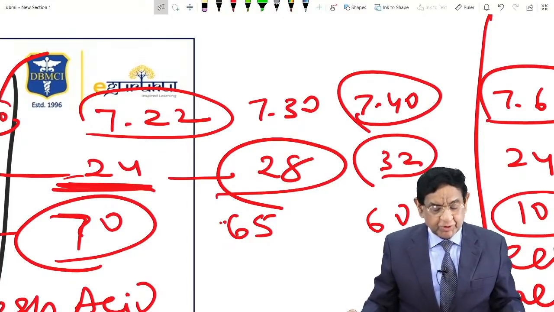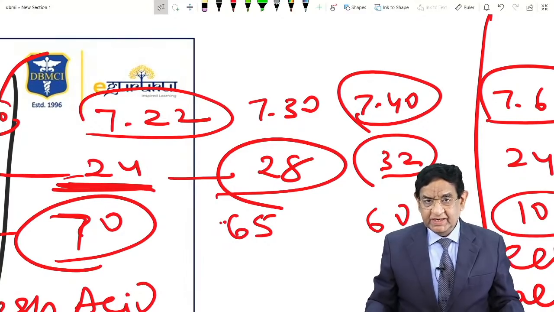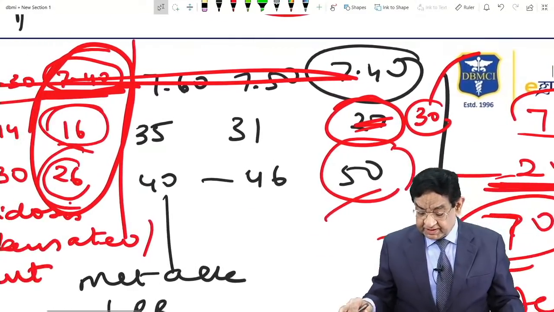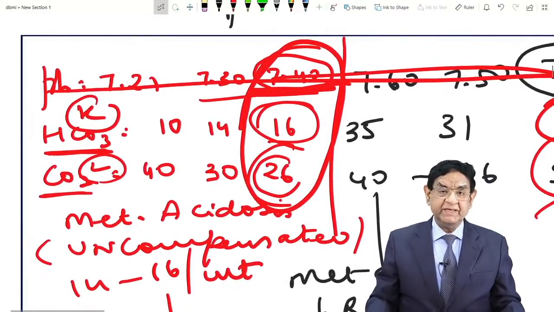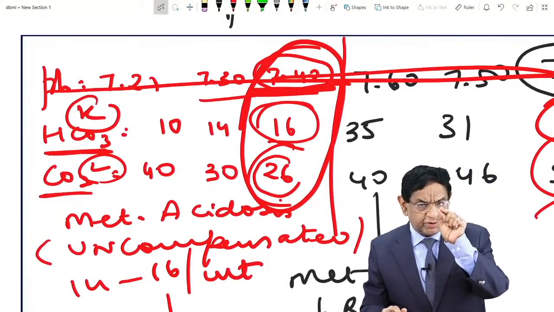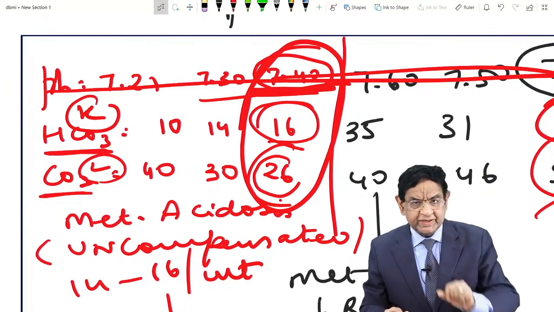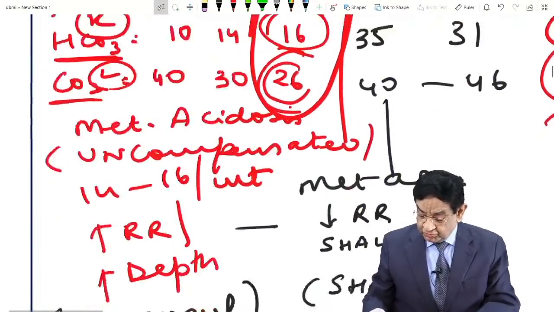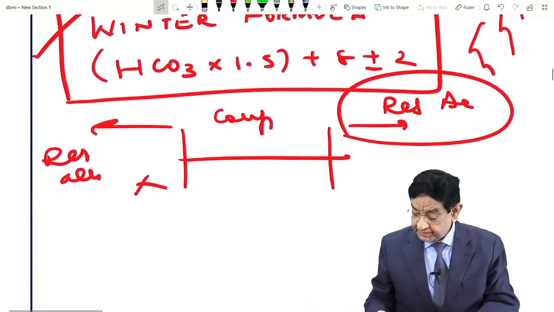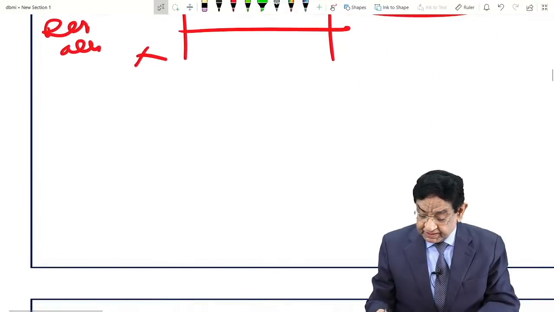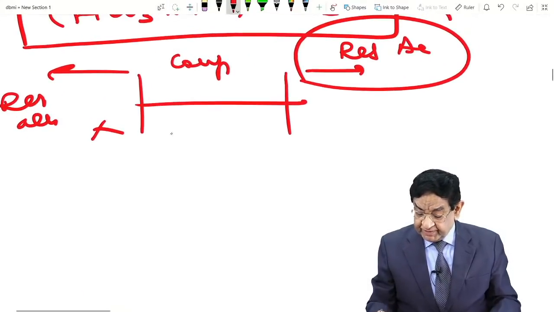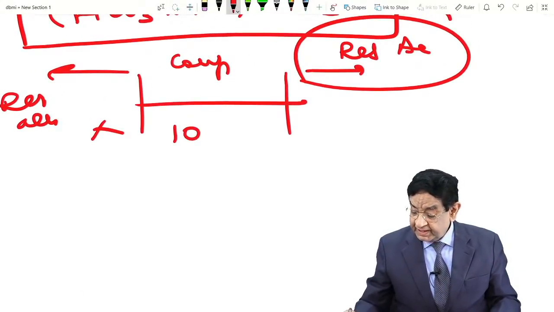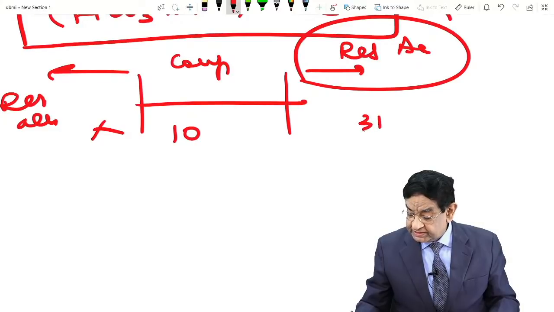About this, I'm going to discuss in the coming lectures, in the coming questions. Right now, we learn that ultimately you have to use the Winter formula. Like in this question, bicarb is 10 and CO2 is 31.